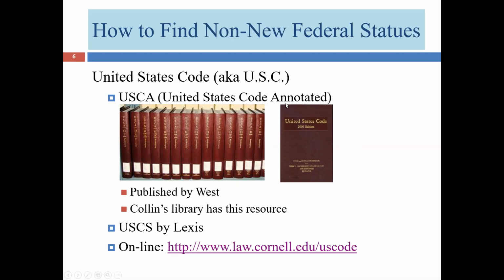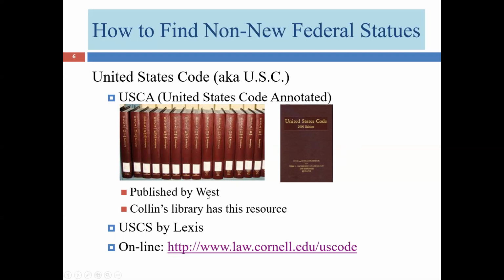The A is key because it lists all the statutes, but most of the book, I'd say 80% of the book, isn't statutes. These are these annotations. And most of the annotations are cases, opinions that have issued that are related to a particular statute. Because even though you have a statute that's on point, you're still going to need to dive into the cases that have interpreted that statute.